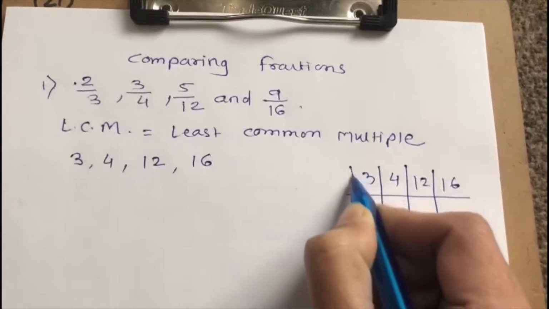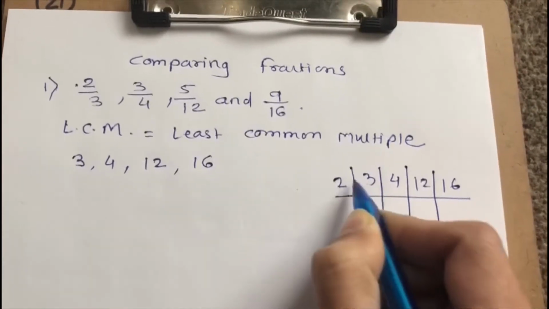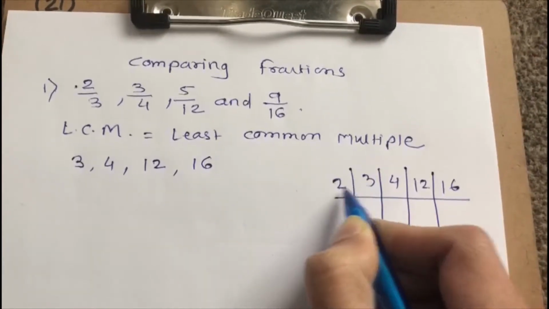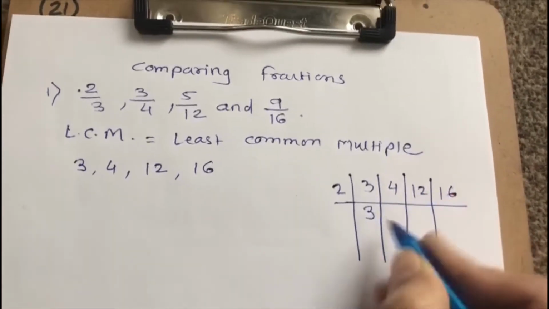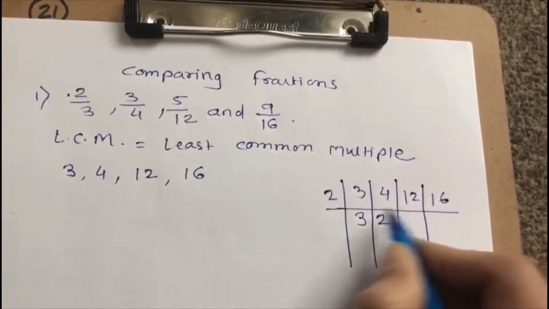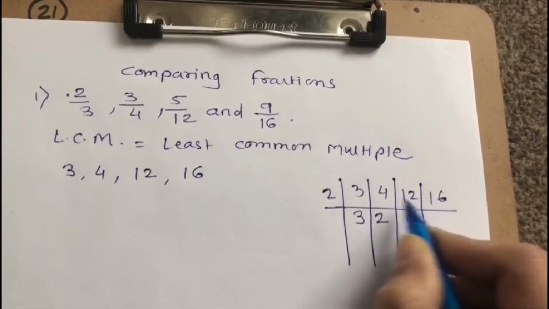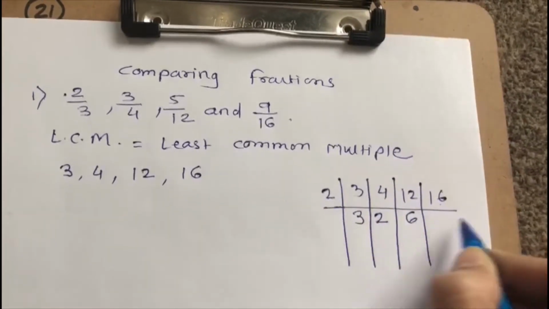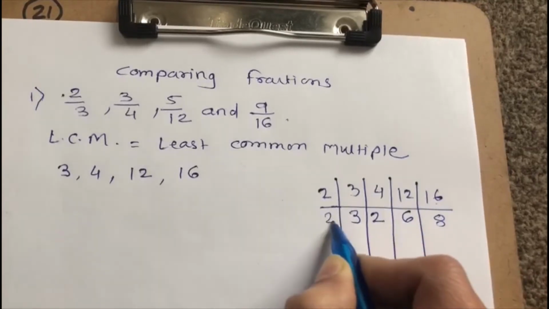I will divide all these numbers by 2. We can't divide 3 by 2, so I write 3 as it is. When we divide 4 by 2, I write 2. When we divide 12 by 2, then 6 comes. When we divide 16 by 2, then 8 comes. Again I will divide all these numbers by 2.